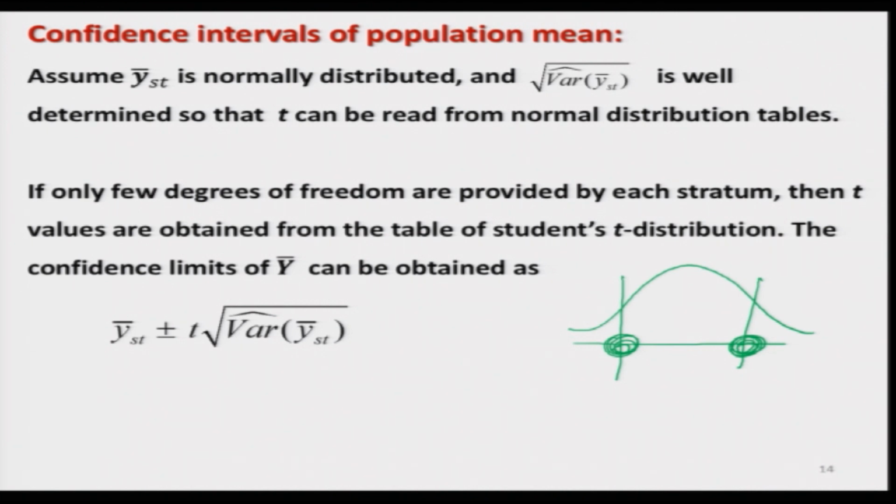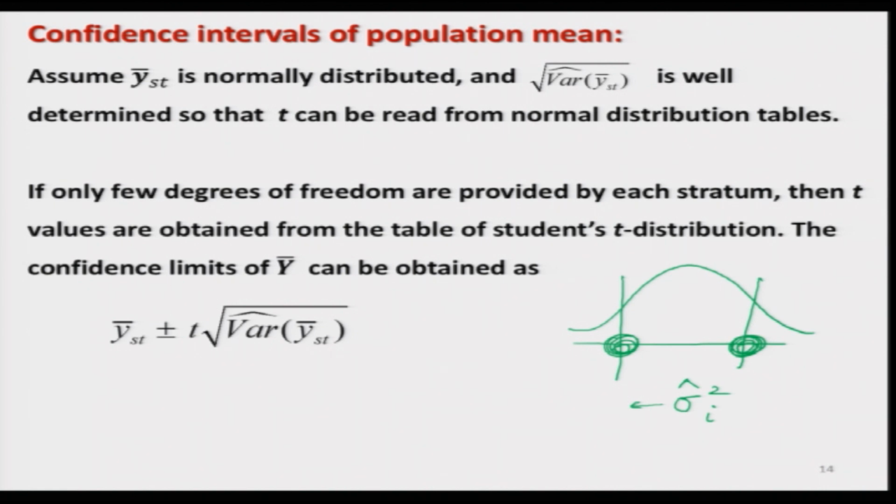Usually the values of sigma i square in stratified sampling are not known to us. So we try to estimate them, and when we estimate them, the properties of y bar st change. This change is quite different from what happens in simple random sampling, because we are trying to combine the strata together.